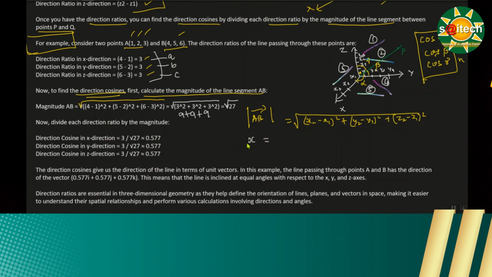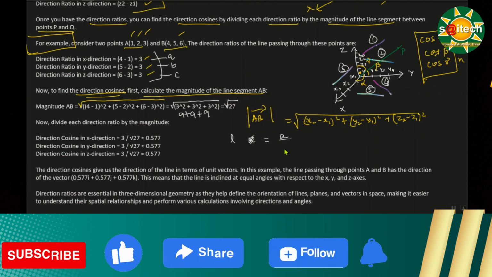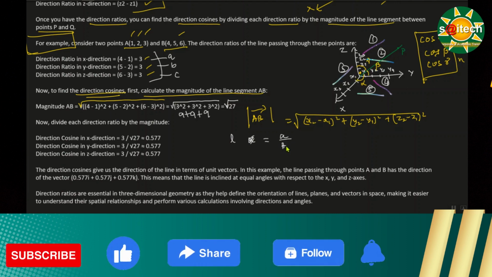The direction cosine along the x direction, that is L, is given by A divided by the magnitude of AB vector, is it not? So in that case, what is A? 3 divided by the magnitude value, here it is root 27.